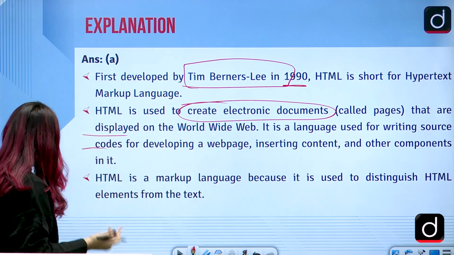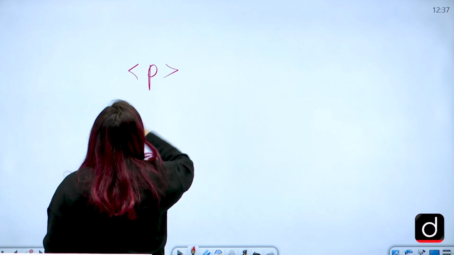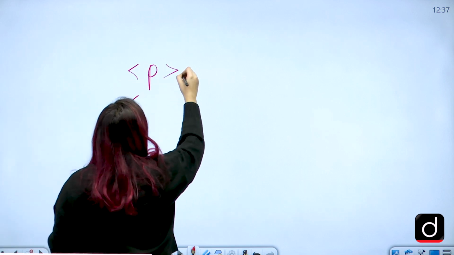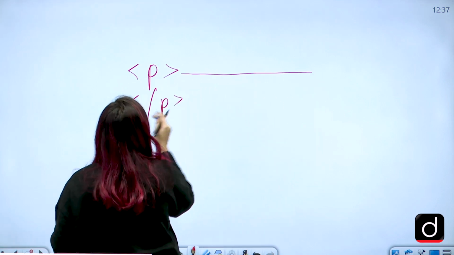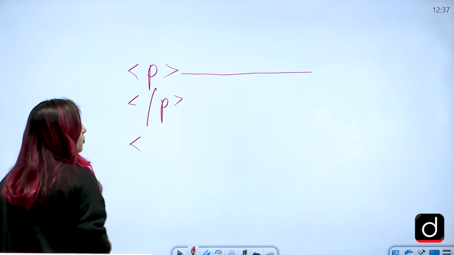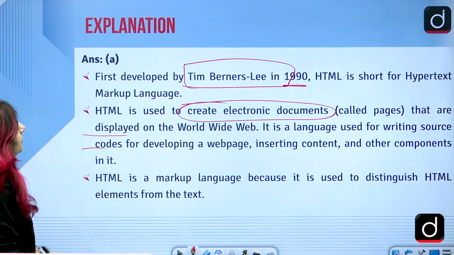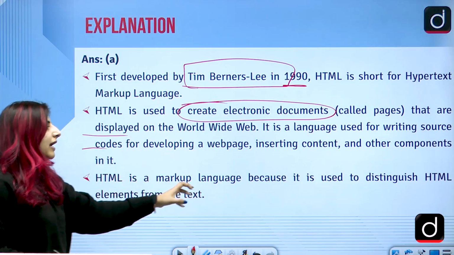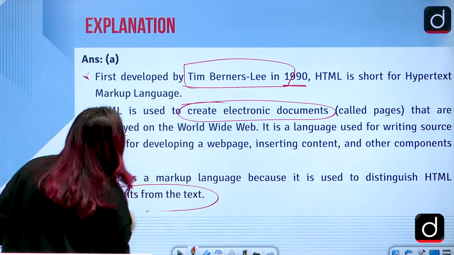So basically, when I was learning HTML, there used to be certain tags. This is a paragraph tag. So whenever you opened, you wrote a paragraph here, correct? And you closed the paragraph using this very thing, correct? So starting and closing tags were there in the HTML part. HTML is a markup language because it is used to distinguish HTML elements from the text.